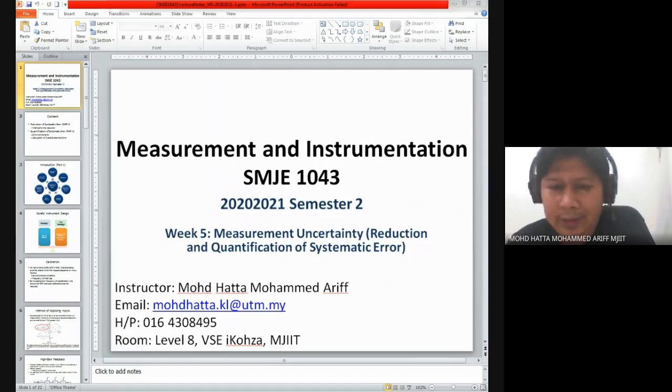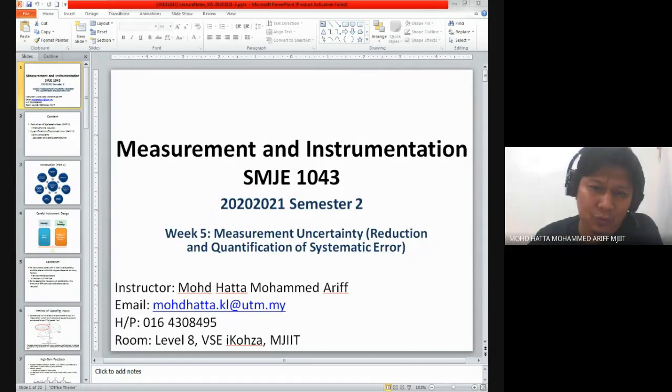Basically, we are in week 6, as I mentioned earlier. So this week, our target is to discuss the measurement of uncertainty in terms of reduction and quantification of systematic error. Actually, we have two parts here.